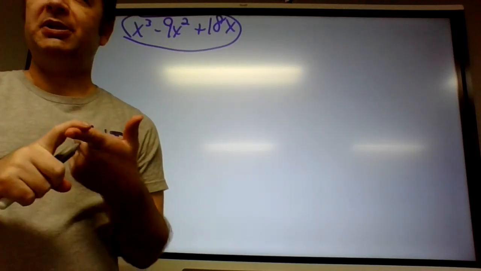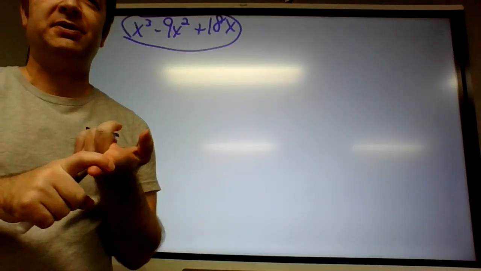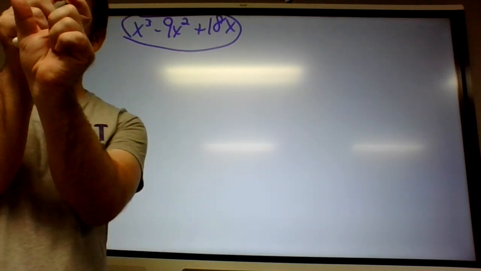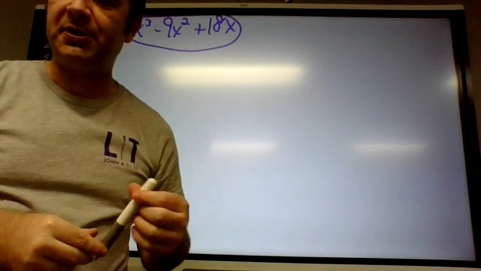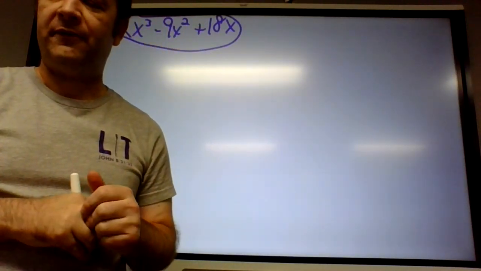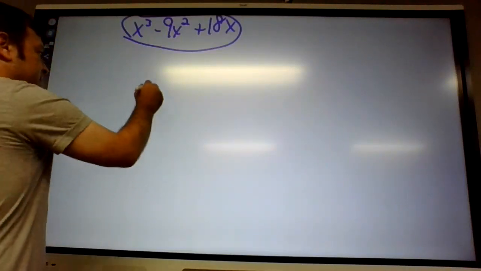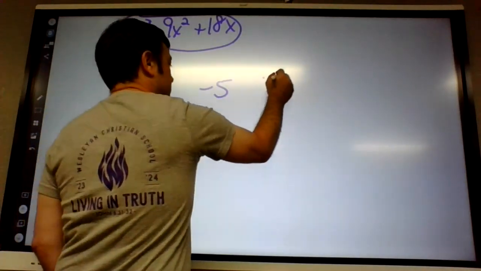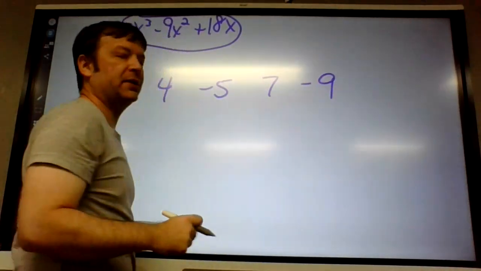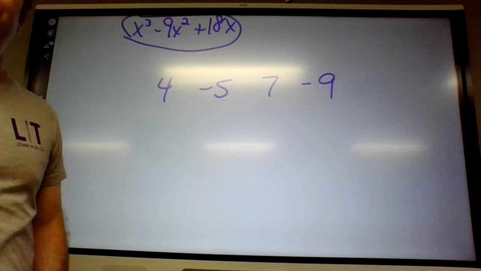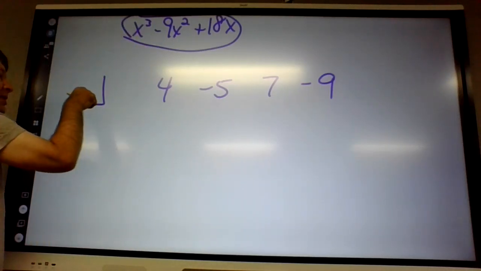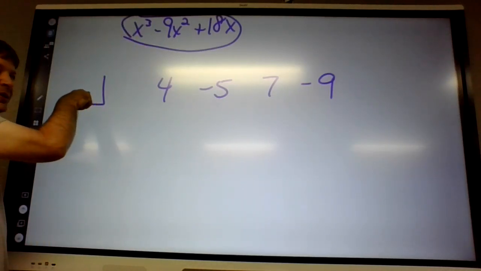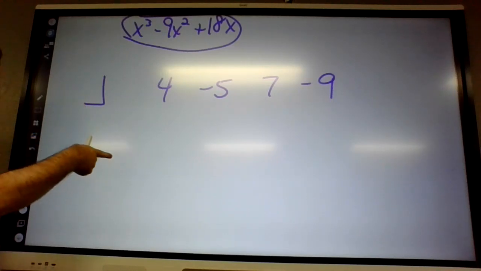So do you guys remember what we did yesterday on synthetic division? Took the coefficients, yeah. The coefficients on 19 are 4, -5, 7, -9. Yesterday we divided by x plus 2 and we put -2 in the box over here. We're not dividing, we're just plugging stuff in, so you don't do the opposite in this case.